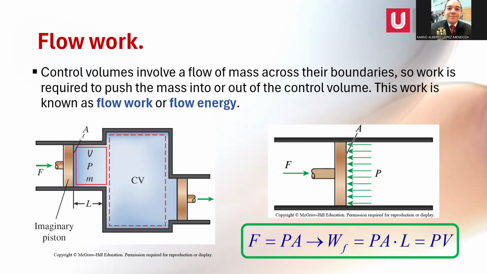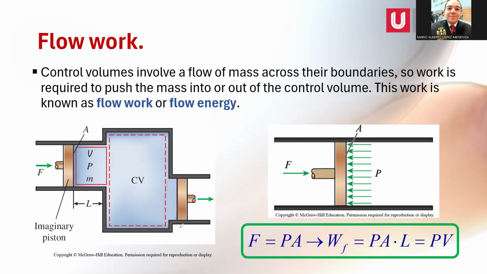indistinctly. So obviously, we can define too a flow work for the outlet stream. Again we need to apply a force, in this case such as a suction force, in order to get some quantity of fluid out of the system.